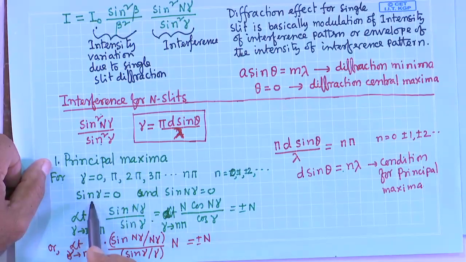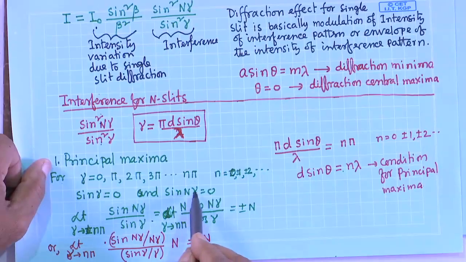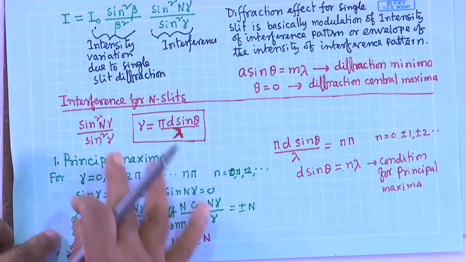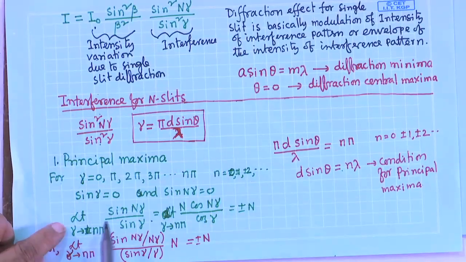Then sin gamma will be equal to 0, and sin n gamma will also be 0. Similar to the sin beta by beta term, in the limit gamma tends to n pi, this term will give basically plus or minus n.